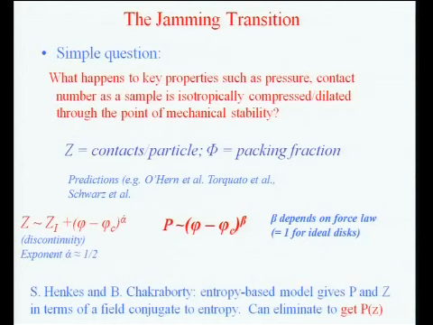Okay. So that particular idea was then developed much more by O'Hern, Silbert, Liu, and Nagel. Specifically, they looked at simulations of spherical particles near an isotropic jamming point.